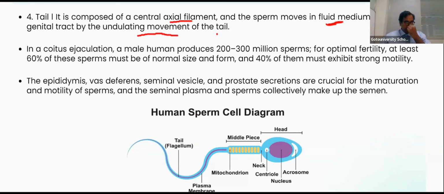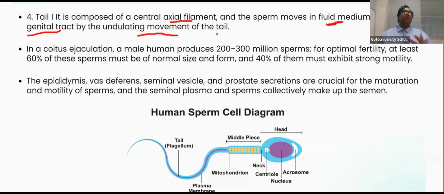Consider the tail movement credential of the sperm in the female genital tract. What do we mean by female genital tract? In the female genital tract, the cervical canal is present and the vagina is present.